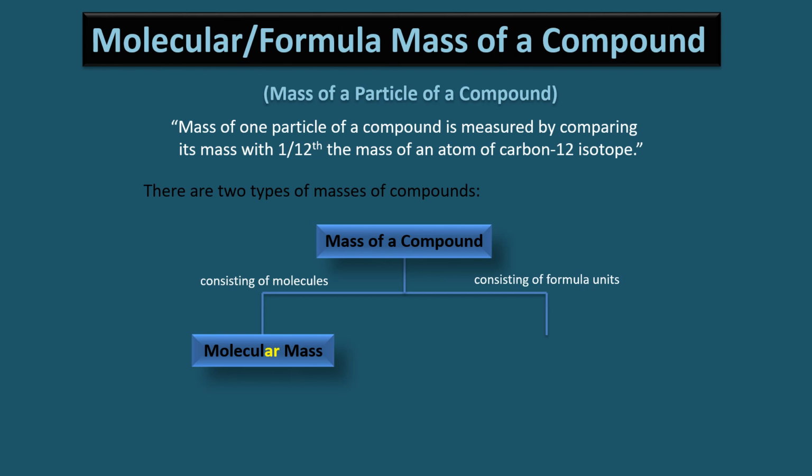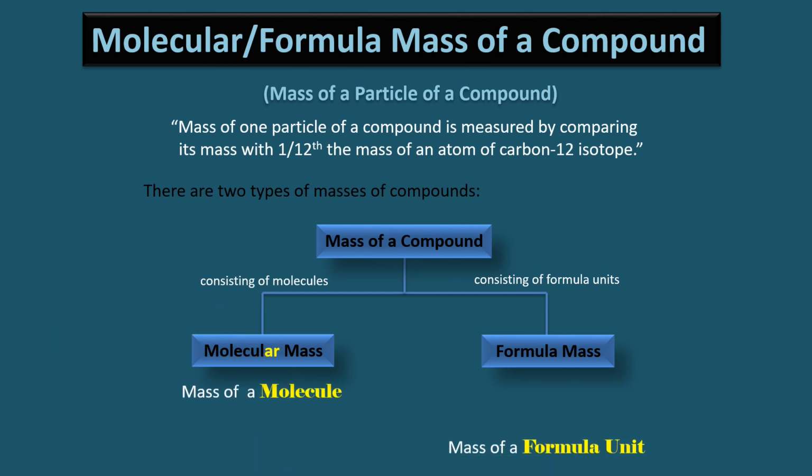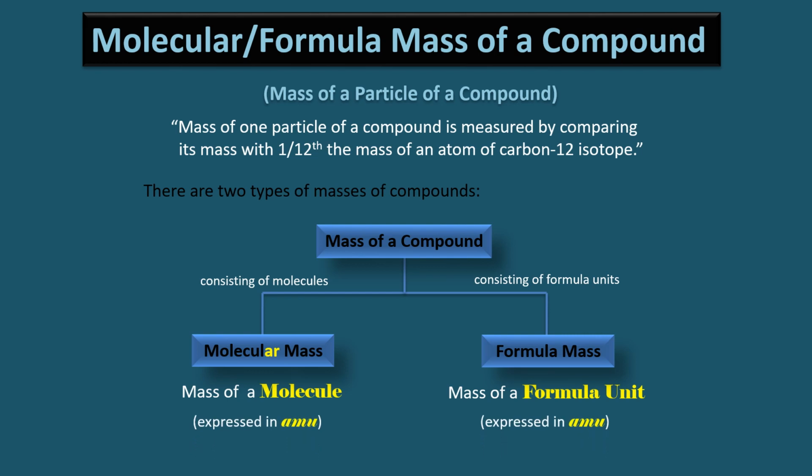And if a compound consists of formula units, its mass is expressed as formula mass. In the word molecular, AR means of one or of a. So molecular mass represents mass of a molecule, and formula mass is the mass of a formula unit. Both are expressed in AMU.